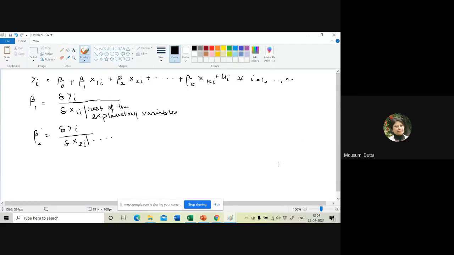It is not that r square y x1 dot x2 to xk is equal to beta 1. I'm not telling that. The notion of regression coefficient is related to the notion of partial correlation. The concept of regression coefficient is based on the notion of partial correlations.